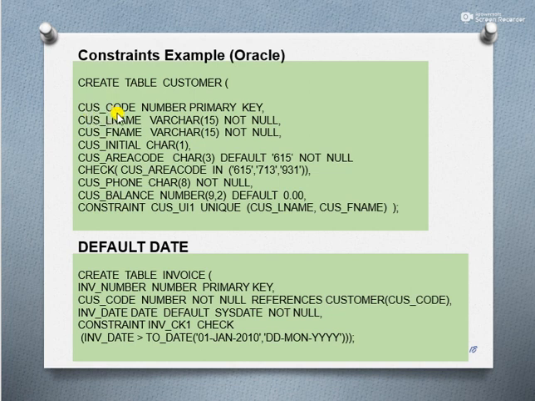Like here, customer code: the attribute name is customer code, data type is number, primary key is a constraint. Second is customer last name, the attribute name, varchar 15 is the data type, not null is the constraint, it is a column constraint.